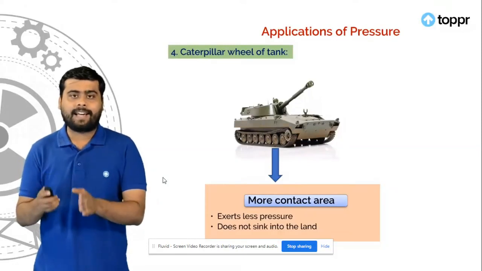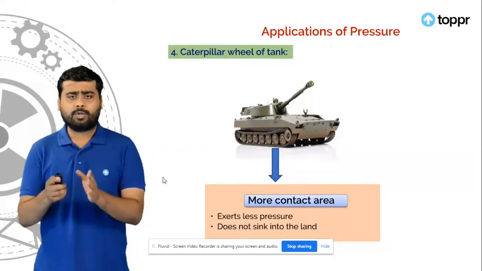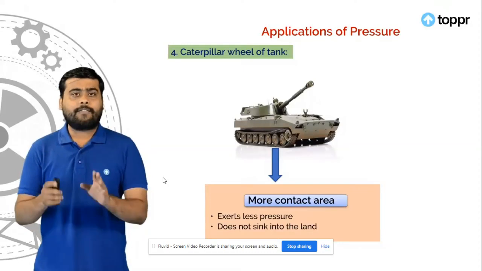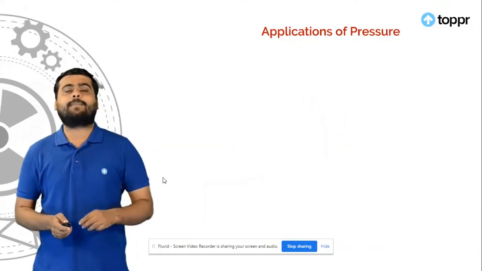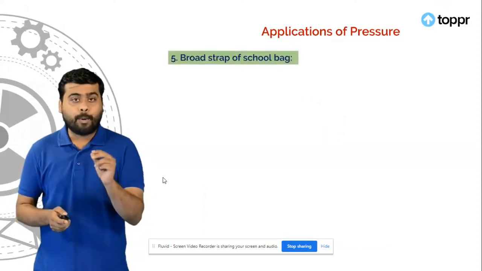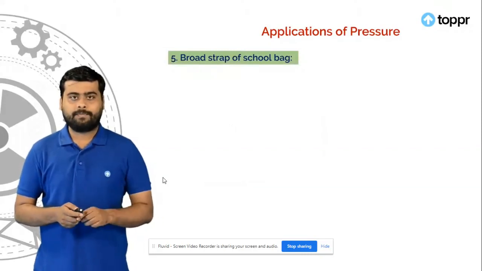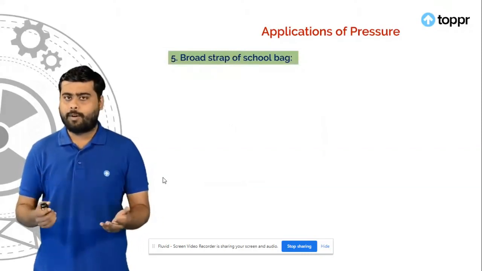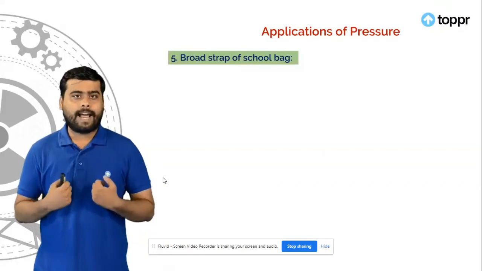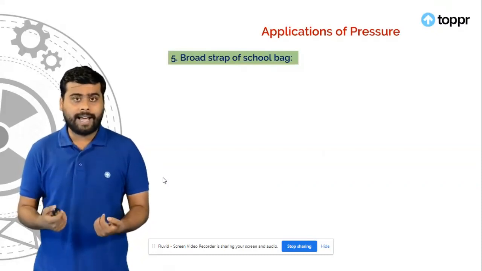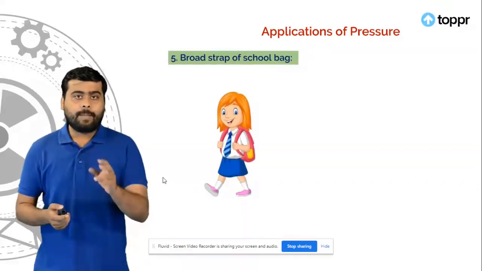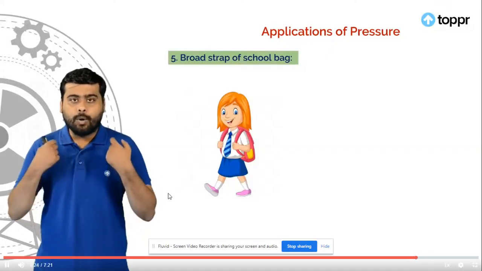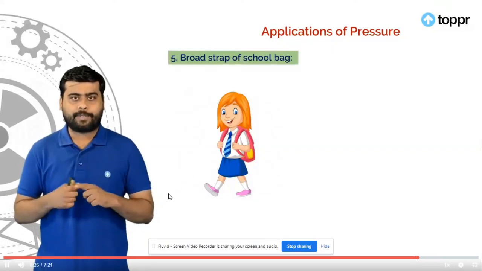the tank from sinking. So students, the final example is very relatable to you, and that's the broad strap of a school bag. I am sure that you guys always carry your school bag while going to school, right? Now you must have seen that school bags have some broad straps.